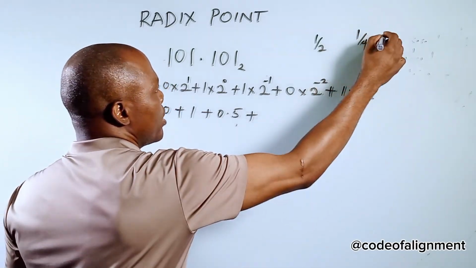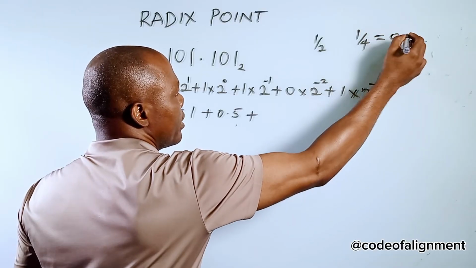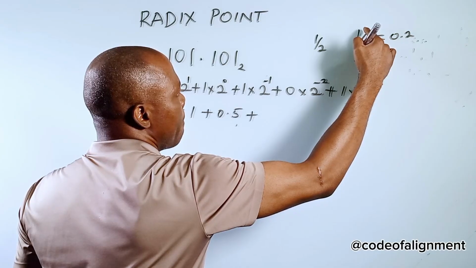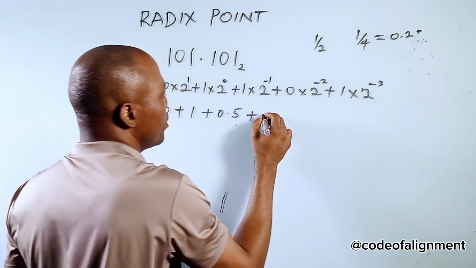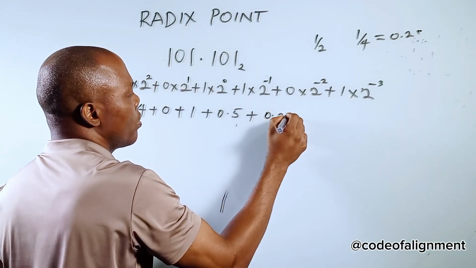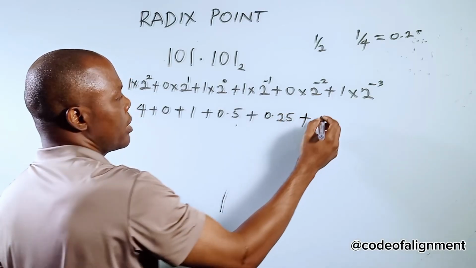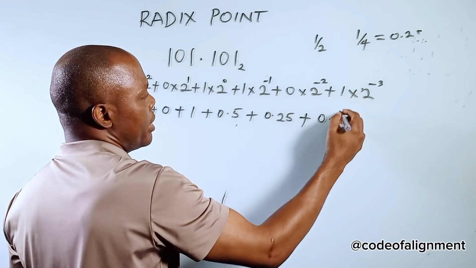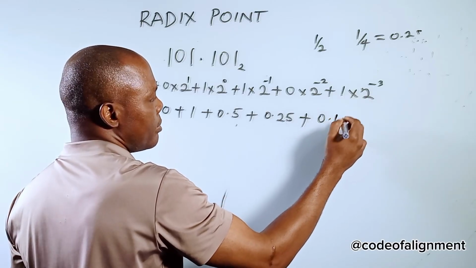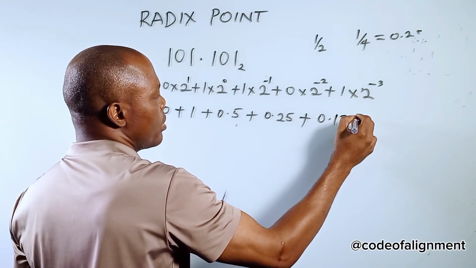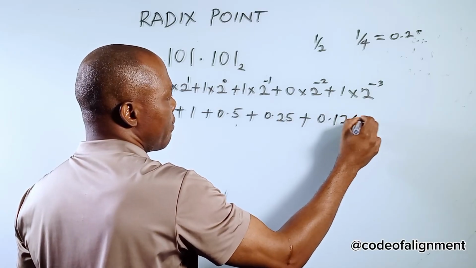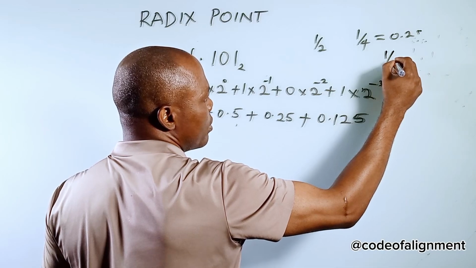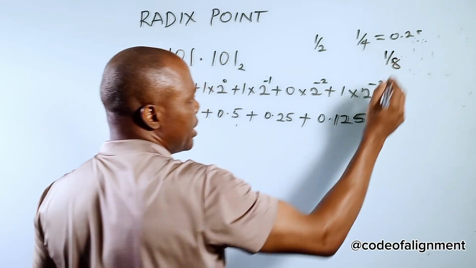This one will give me 0.25 plus 1 over 2 raised to the power 3, that is 1 over 8.